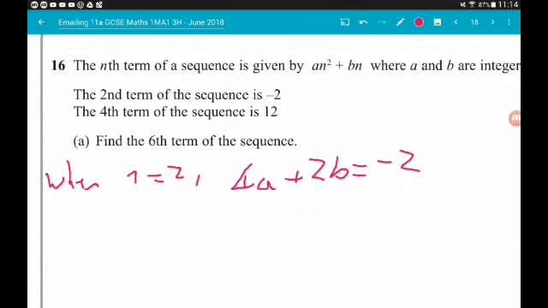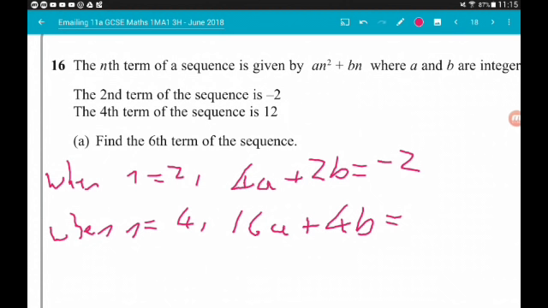And then we know the fourth term, so we can say when n is 4, well, this time we get a times 4 squared, which is going to give us 16a add 4b, and that is equal to 12.